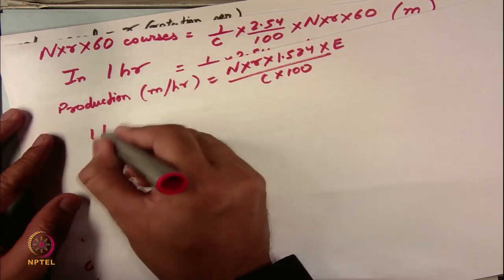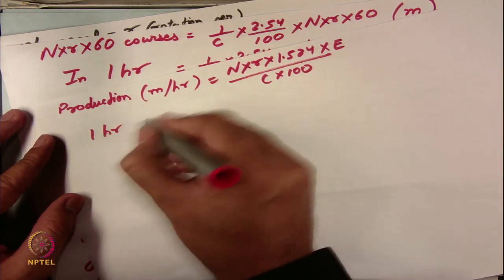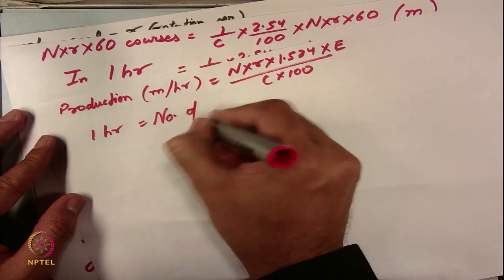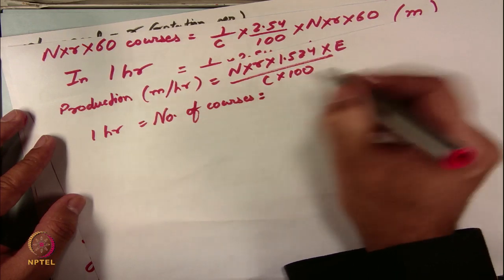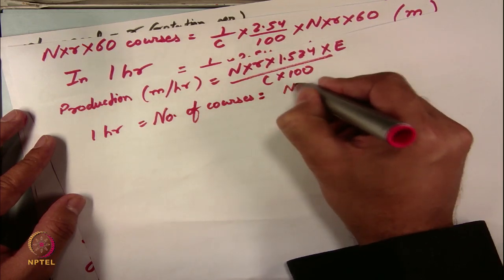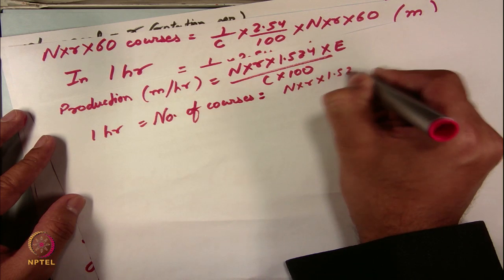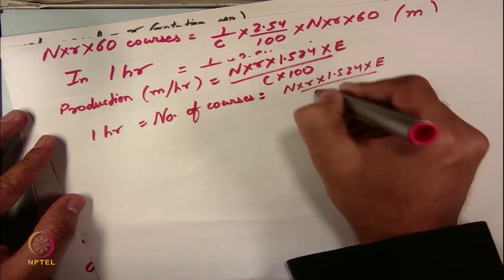So, in 1 hour number of courses you can find out: N into R into 1.524 into E by C into 100.